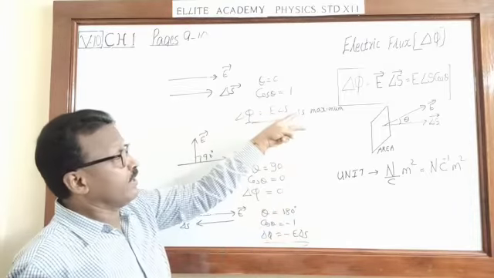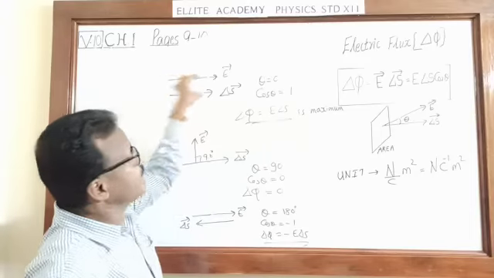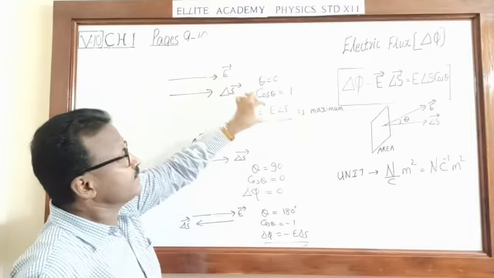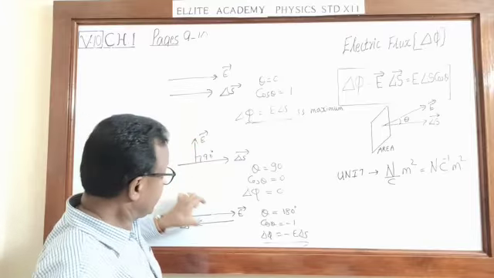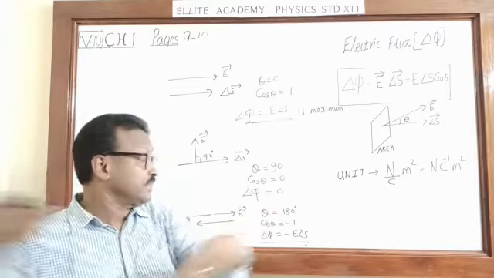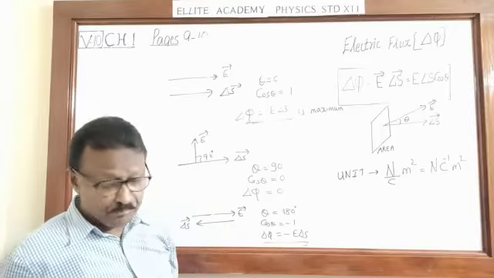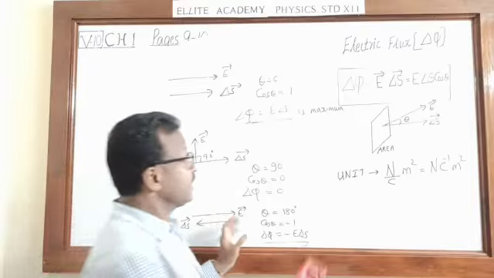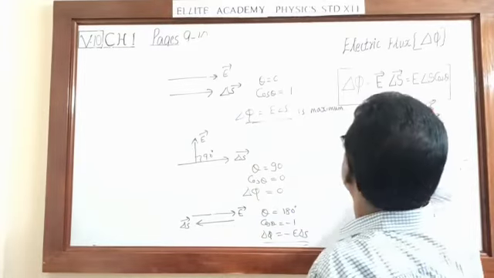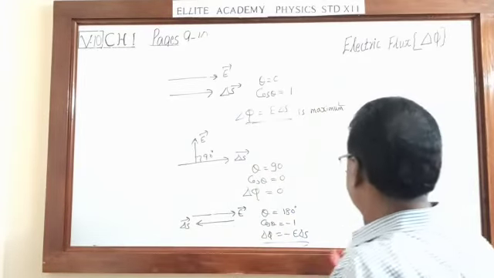When the two vectors are parallel, flux is maximum. When the two vectors are perpendicular, flux is 0. When they are anti-parallel, opposite direction, flux is going to be negative. It is not a vector.